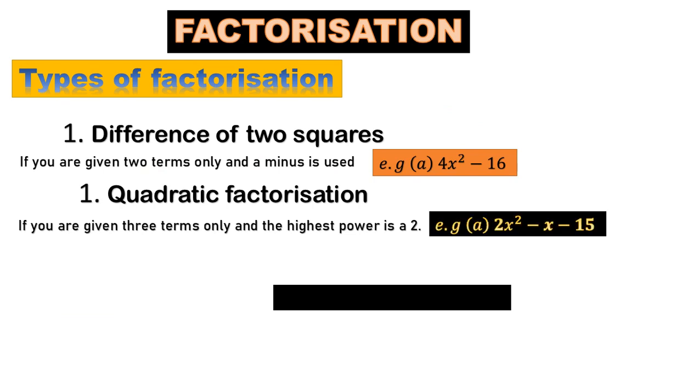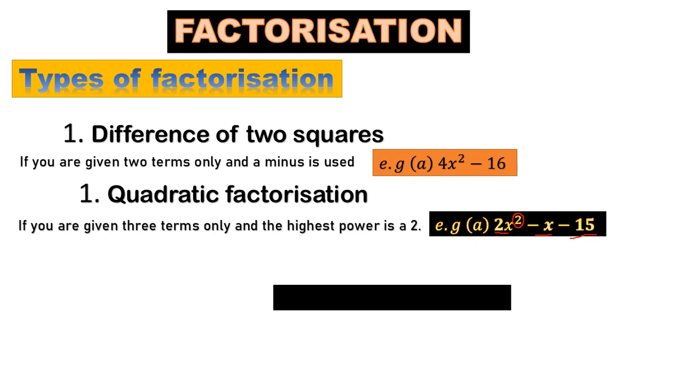Like this example here, we have 2x squared minus x minus 15. We have three terms here, and the highest power is a 2. So this one is a quadratic expression, so for you to factorize, you have to use quadratic factorization, and you'll see how we're going to solve such.